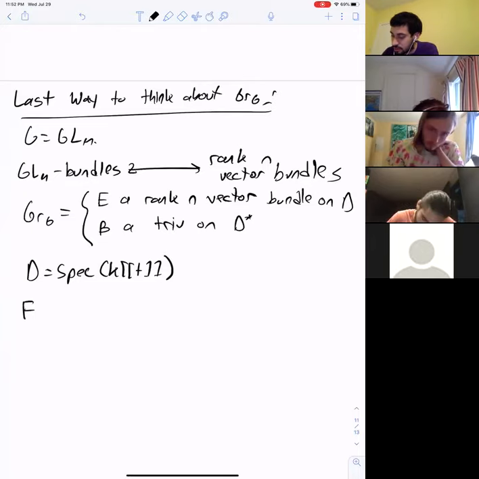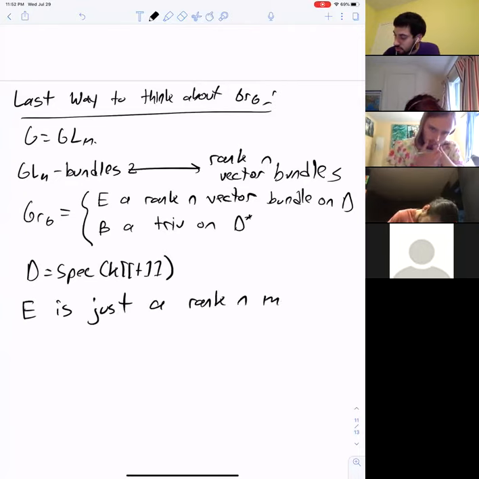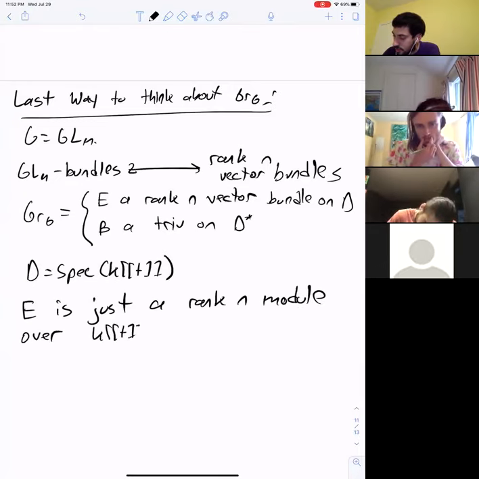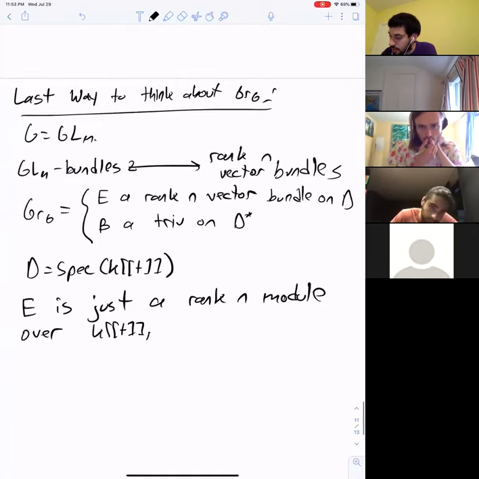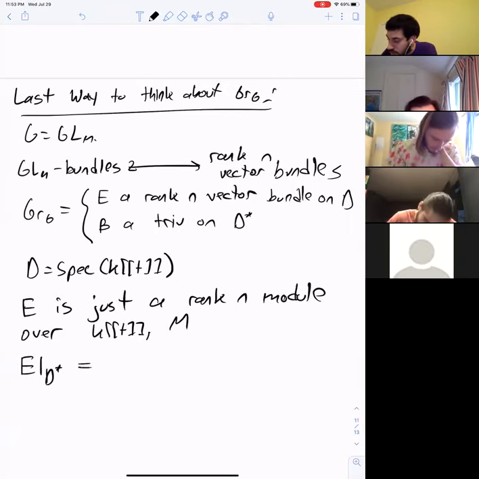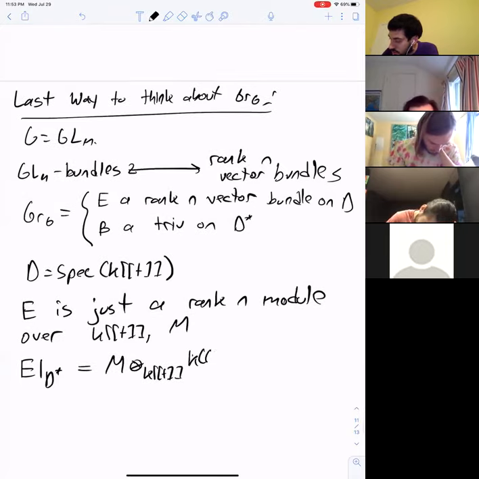Well, E is just a rank N module over these guys. And then we want to take its restriction to D star. Well, how do you take a restriction in algebraic geometry? If everything's affine, you just tensor with global sections of the thing you're restricting to. So E, let's call this guy M also, restricted to D star is literally just M tensored over power series with Laurent series.